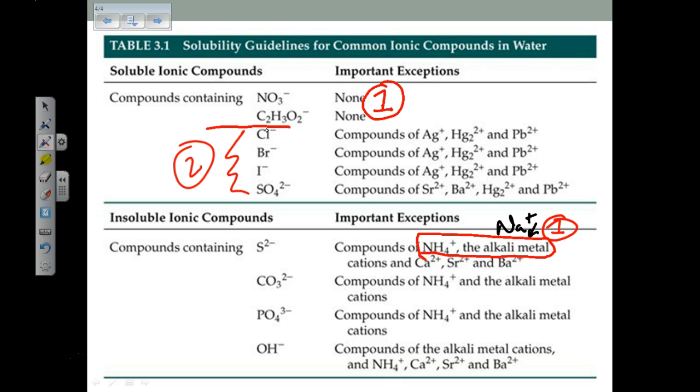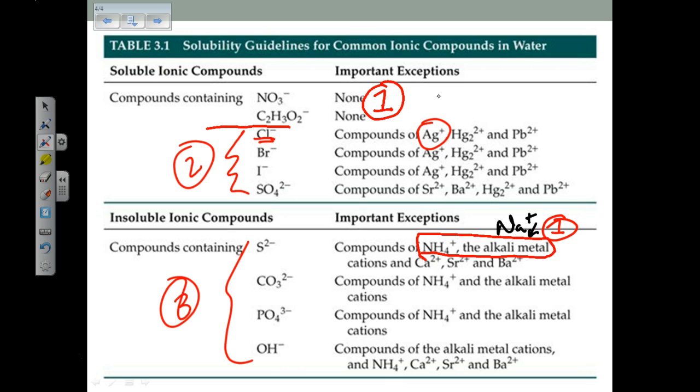So all chlorides are soluble except for silver, lead, and mercury. And then the rest become like the 3. You may have to look those up. So these are the solubility rules.